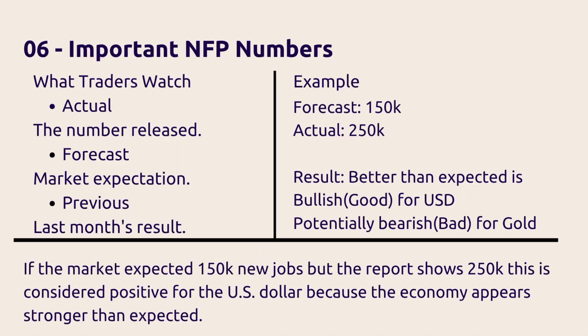All right. So going on to the next thing, important things, which are the important numbers that you have to be looking out for. So talking about important numbers you have to be looking out for, quickly look at my screen so that you understand. Okay, what traders actually look out for is this. There are 3 numbers that usually come out.